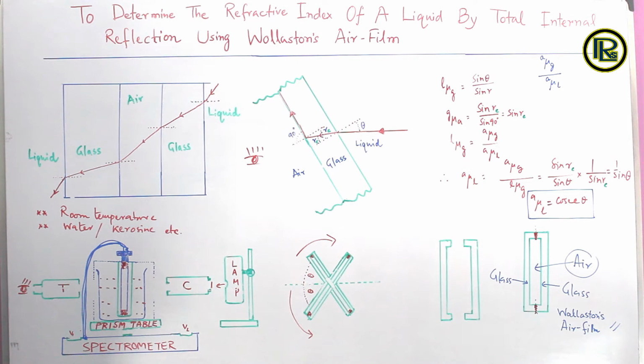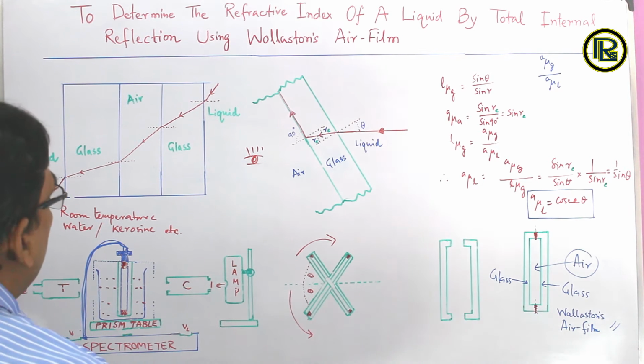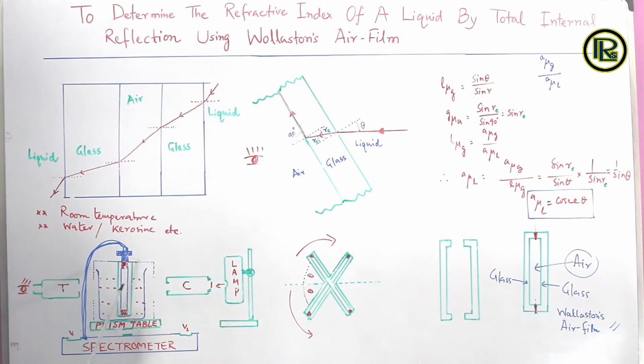And we have to rotate this air film till we see the image of this slit, when seen through the telescope, disappears.